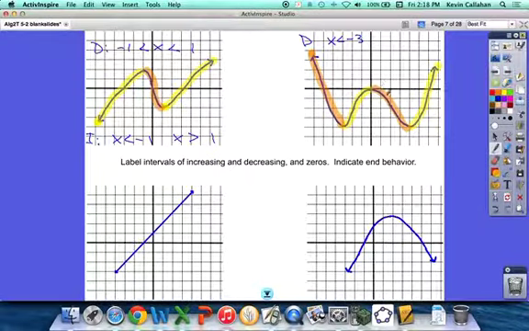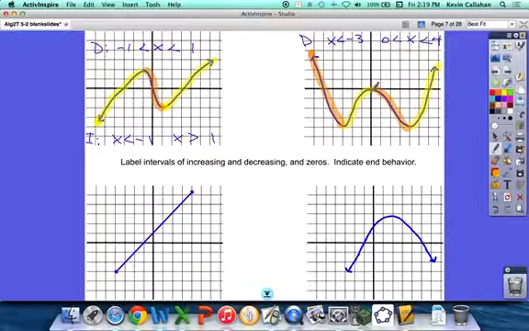How am I going to call this interval here? You got it? I think it's 4. 1, 2, 3, 4. So 0 is less than x is less than 4. X equals 0. Right?